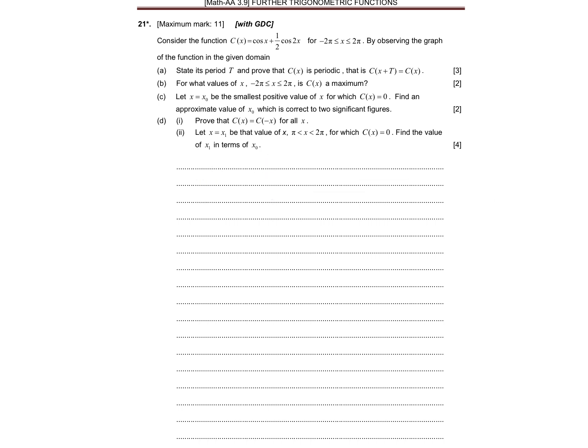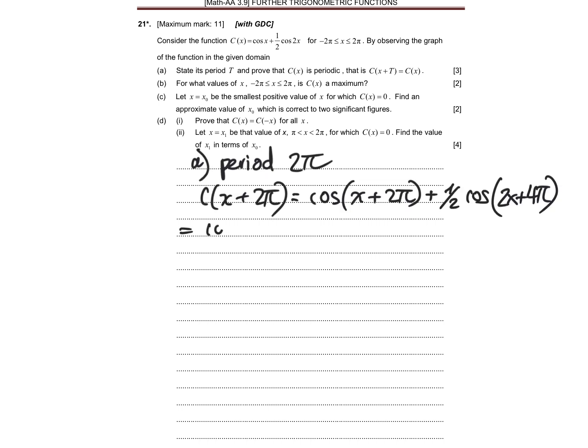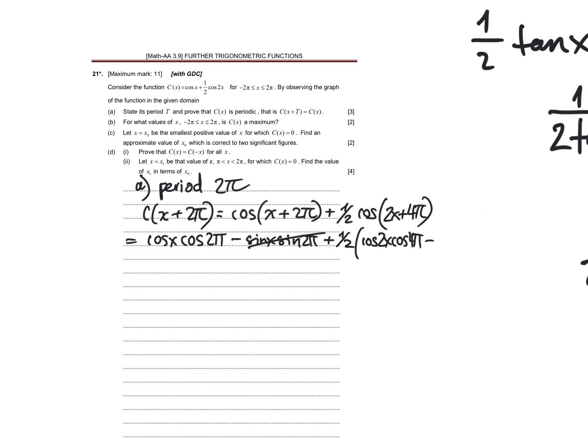So then this is cosine x cosine 2 pi minus sine x sine 2 pi, which goes away because sine 2 pi is 0, plus 1/2 cosine 2x cosine 4 pi minus sine 2x sine 4 pi, which, whatever, it's still 0.